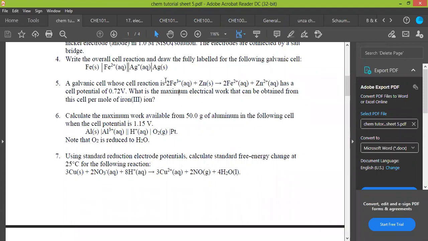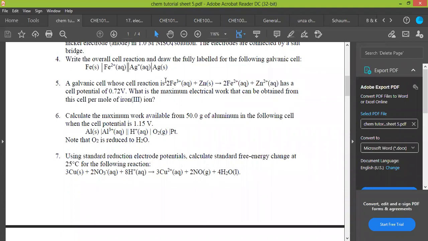Okay. So we move on to question 6. Calculate the maximum work available from 50 grams of aluminium in the following cell when the cell potential is 1.5.